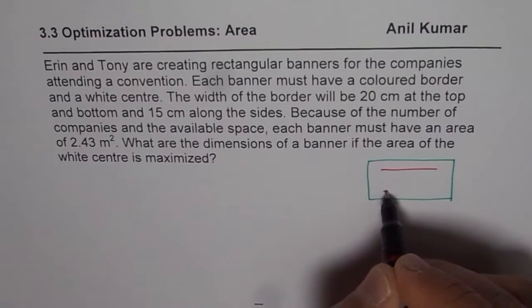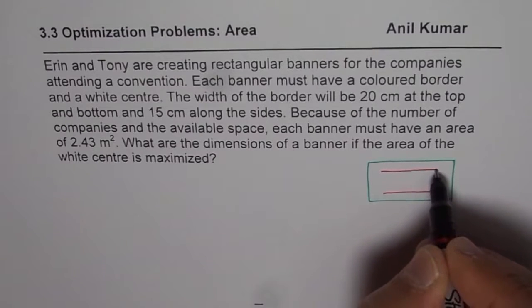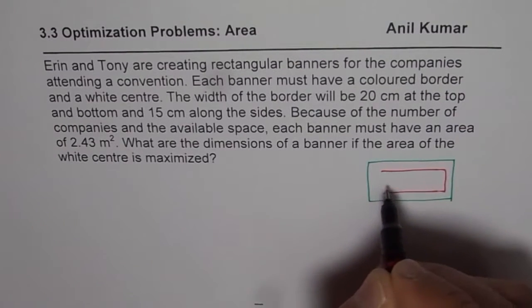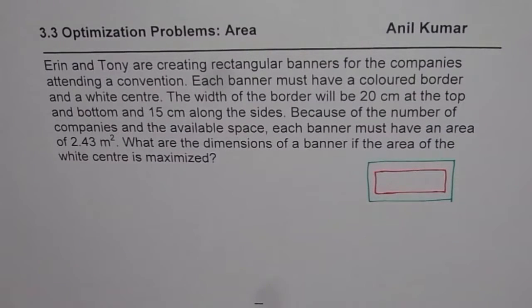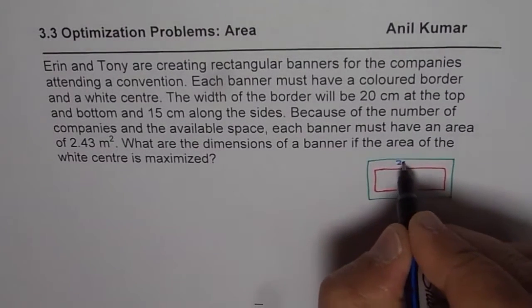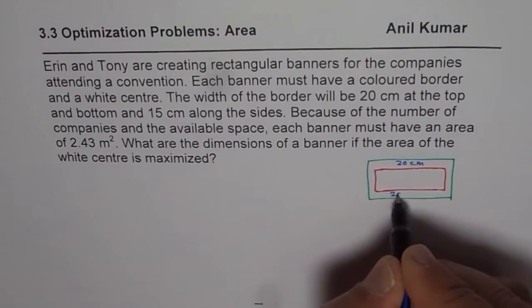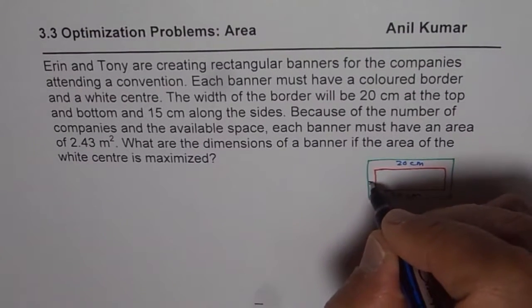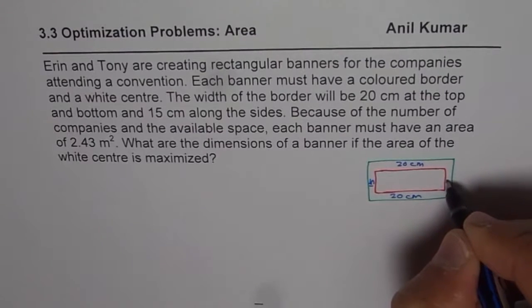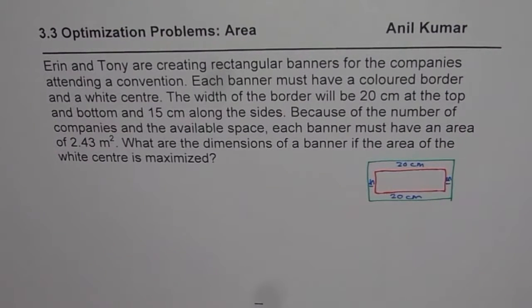It leaves more space from the top, which is 20 centimeters, and from the sides it is 15 centimeters, right? Many times in examples we have the same borders, but not in this particular case. So we have 20 centimeters on the top and bottom, and on the sides it is 15 centimeters, so let's write 15 and 15, right? So that is how it is.